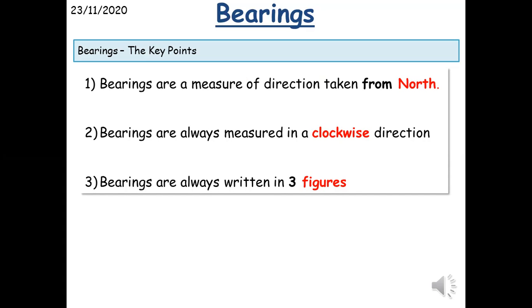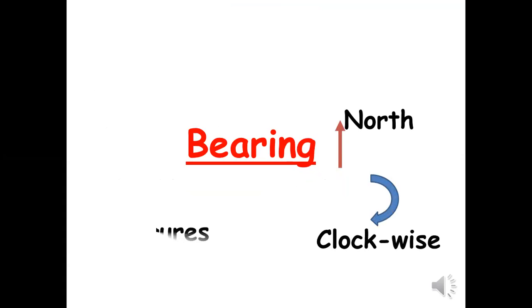Number 3, you must write the bearing as 3 figures. So the bearing starts from the north, move clockwise, write 3 figures. These are the keys to solve bearing correctly.